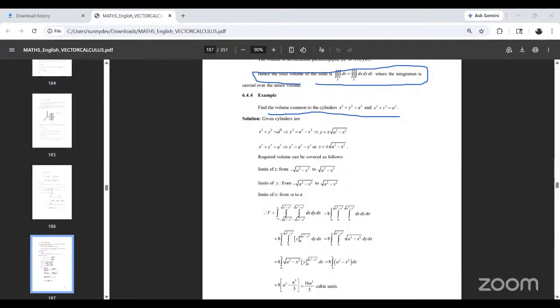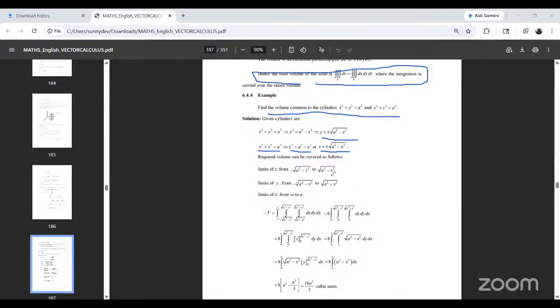So x square plus y square equal to a square means we are getting y square equal to a square minus x square. Then y becomes plus or minus under root of a square minus x square. Next, x square plus z square equal to a square, then we are getting z square equal to a square minus x square and z equal to plus or minus under root of a square minus x square.